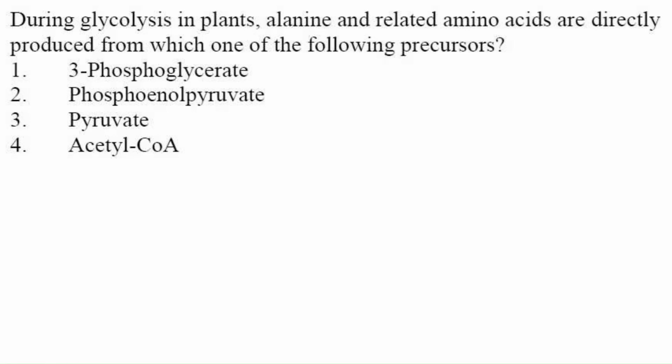Now let's first look at the structure of alanine. Here is the structure of alanine where the R group in the basic amino acid structure is replaced by a methyl group. Now let's look at the structures of all four options one by one. So first we have 3-phosphoglycerate.